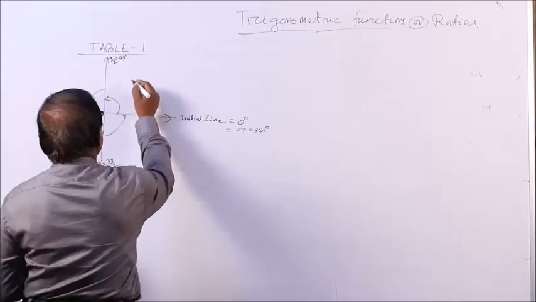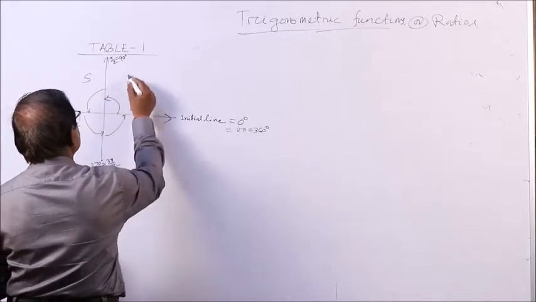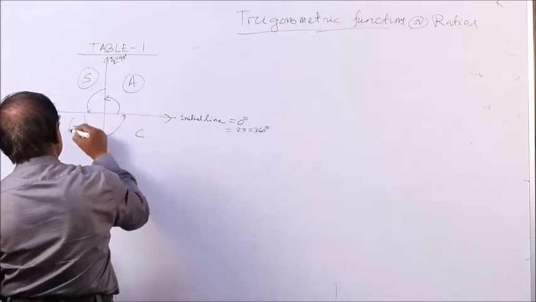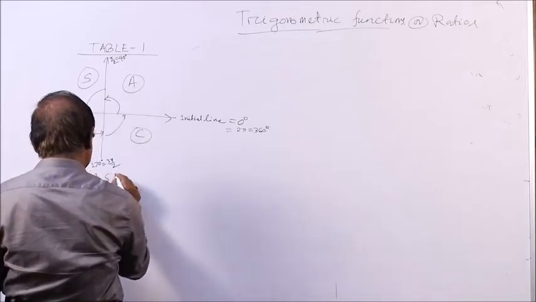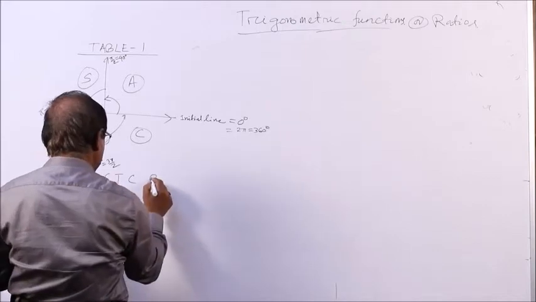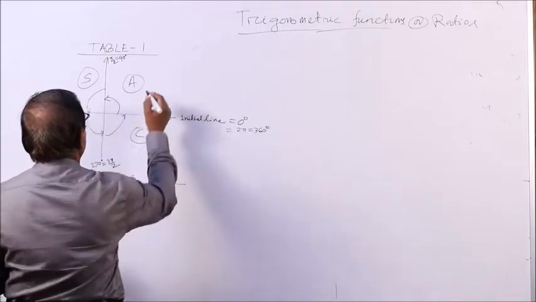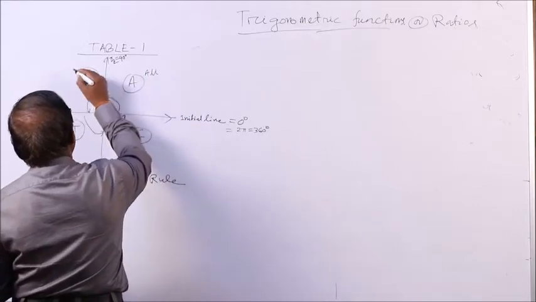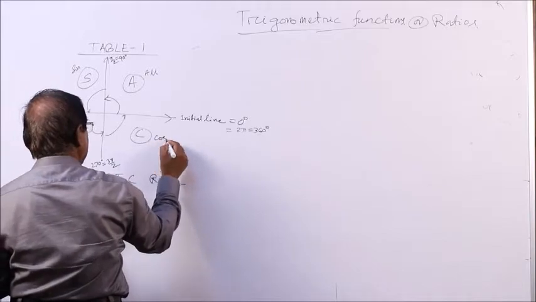Now, you have to remember this A, S, T, C. What is this? S, T, C. You call it the ASTC rule, that is all, sin, tan, cos.